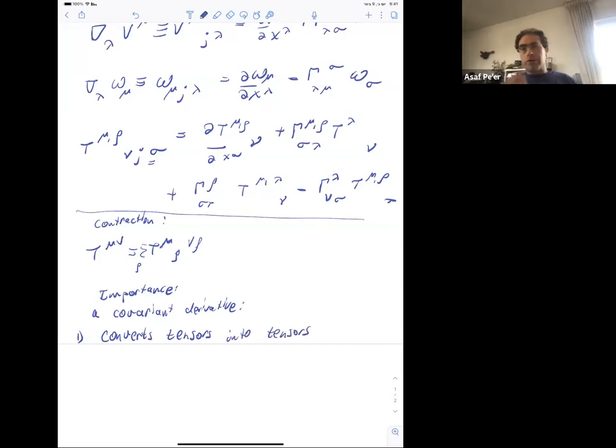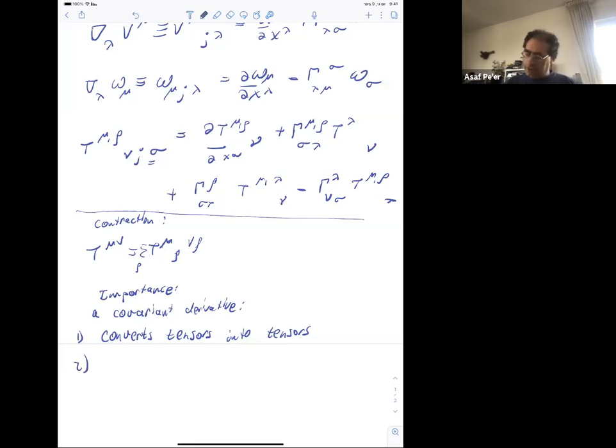So we stay with tensorial equations, which is quite important for us, because then we can use the principle of general covariance. And second, it reduces to the partial derivative in the absence of gravity, because in the absence of gravity, g mu nu turns into eta mu nu, and all the gammas, all the affine connections, become zero. So we end up just with the partial derivative term.